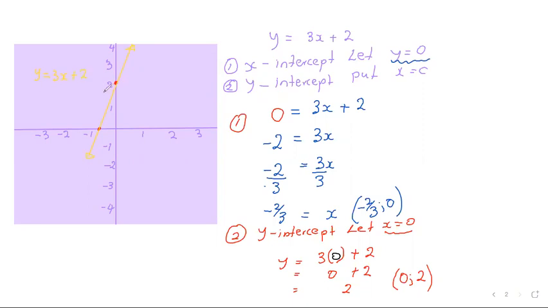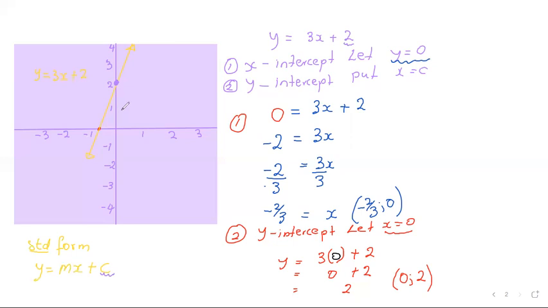Now, in our standard form, we had y is equal to mx plus c. And we agree that c is the y-intercept. And our c here will be a 2. And we see that the graph passes the y-axis at 2.